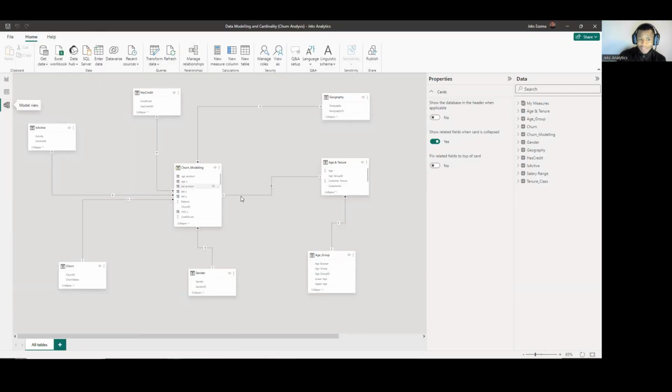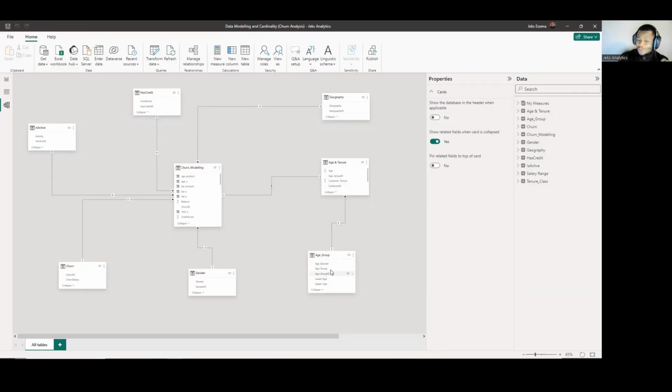So if we get that, now that leads us back to the main thing that we want to discuss today, which is the fact table, this table called churn modeling. Remember what I called it, a sub-fact table. Why do I call it a sub-fact table? Because inside that table, it has a connection to another table.